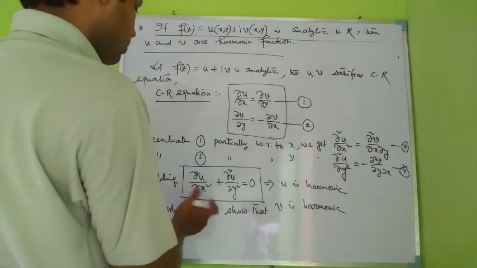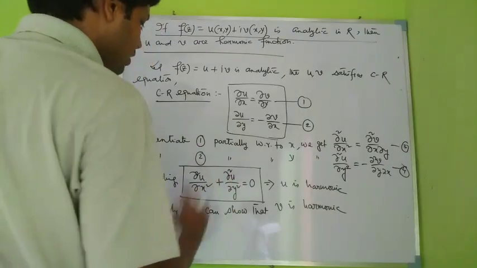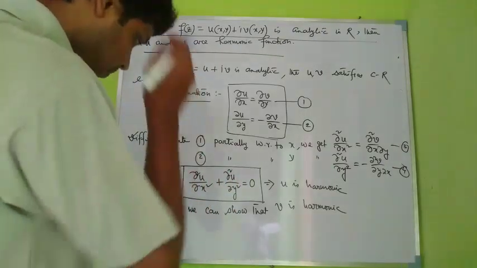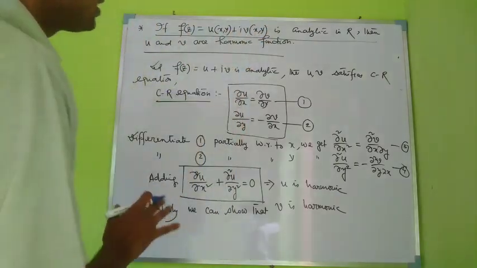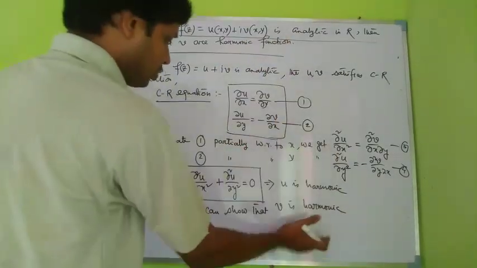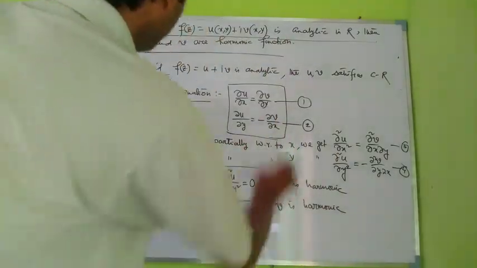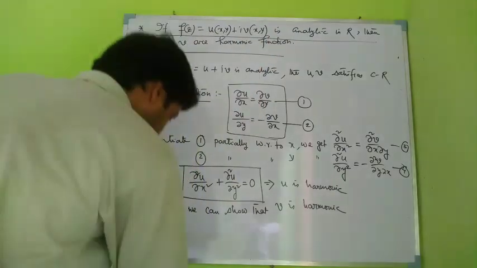We find del 2v del x2 plus del 2v del y2 is equal to 0. So v is harmonic. My claim is, if f(z) is analytic in that region, then u and v are harmonic functions. Now these u and v are called harmonic conjugates.